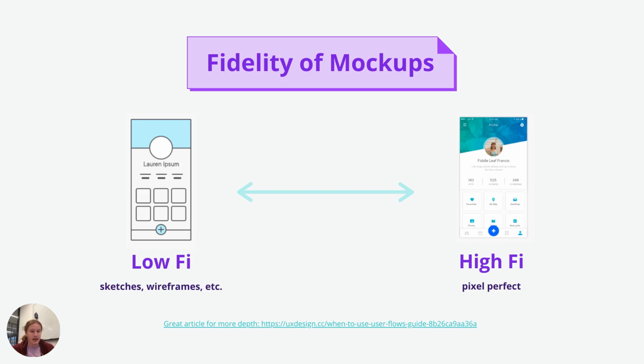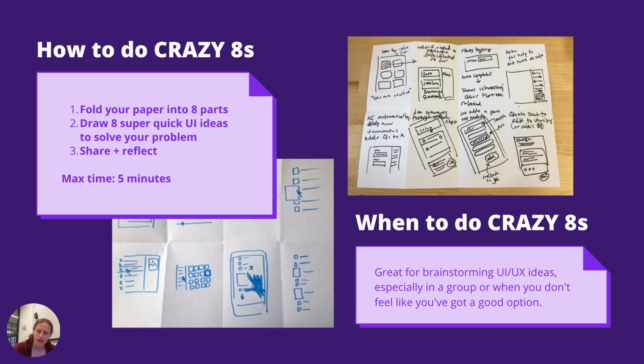So when you're working in a team with a designer, they might create a hi-fi mockup so that then you know exactly what you're going to be implementing. But today we're going to focus on lo-fi mockups because I think that's really helpful. And we're going to look at some tips on how to create lo-fi mockups as a way to plan out your application before you build it, and so that you can test your application by showing it to other people and seeing if they understand it.